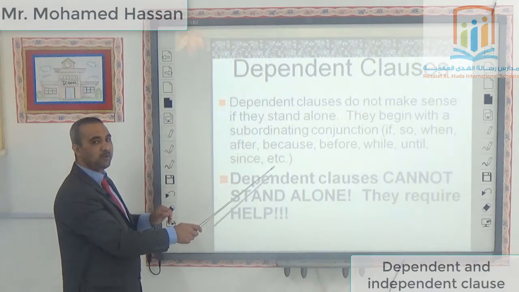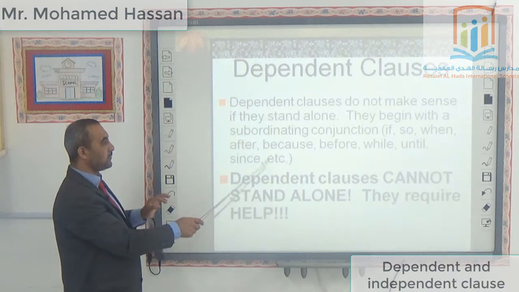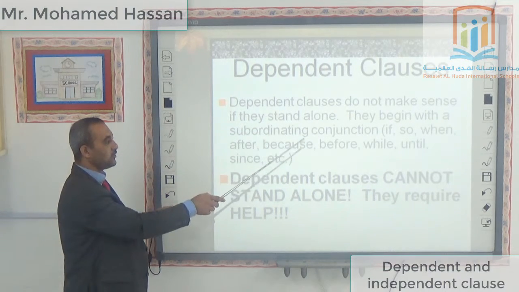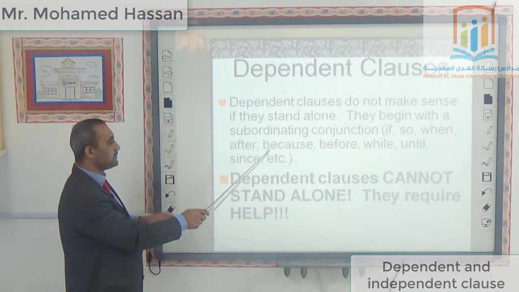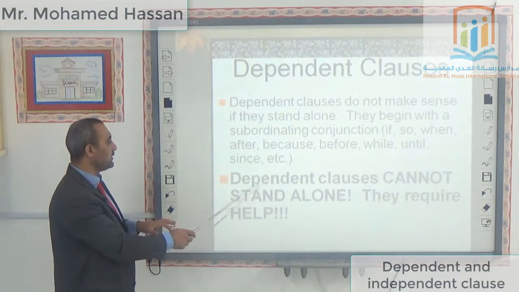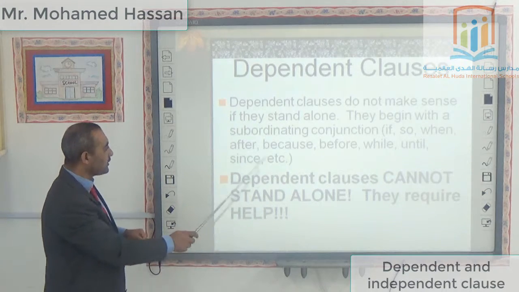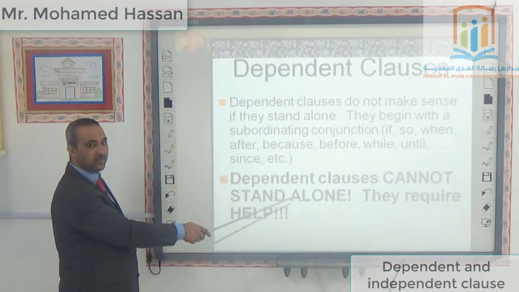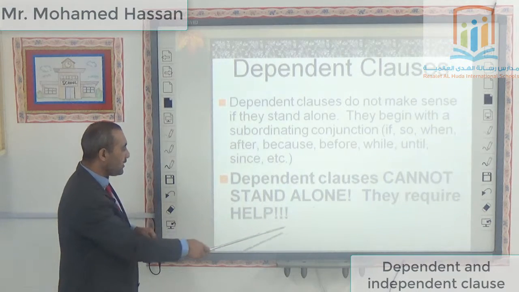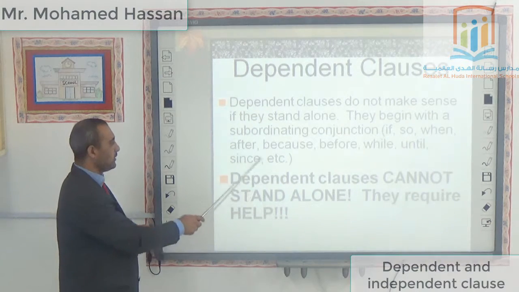It doesn't give you a complete meaning. It must have a subordinating conjunction like if, when, after, because, before, while, until, since, although, though, and so on. Dependent clauses cannot stand alone, as I said. They require help, okay?